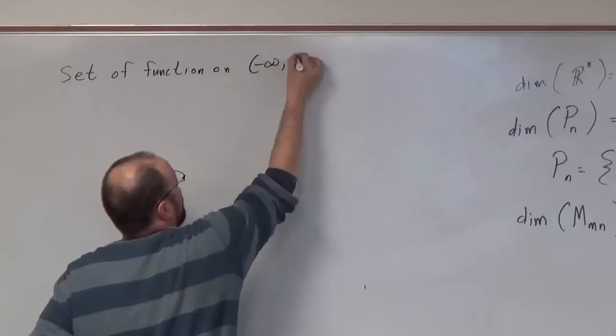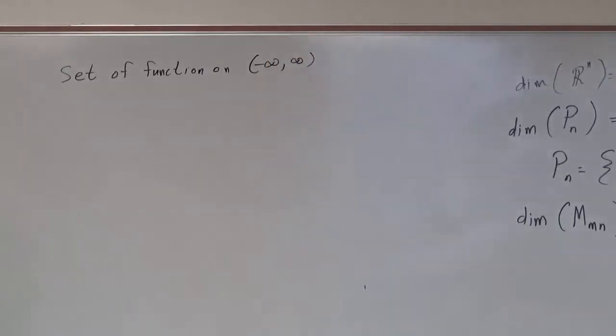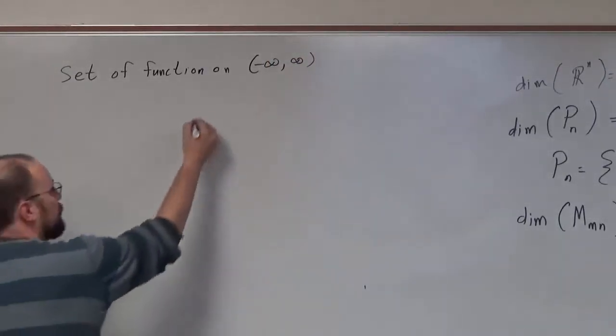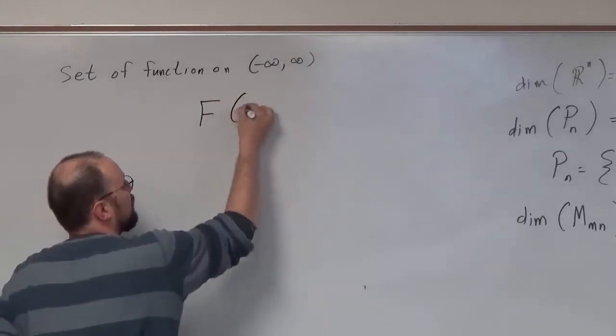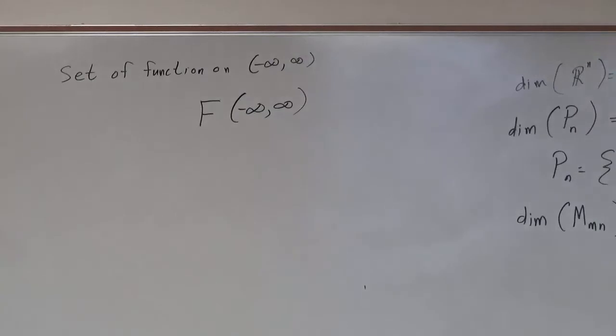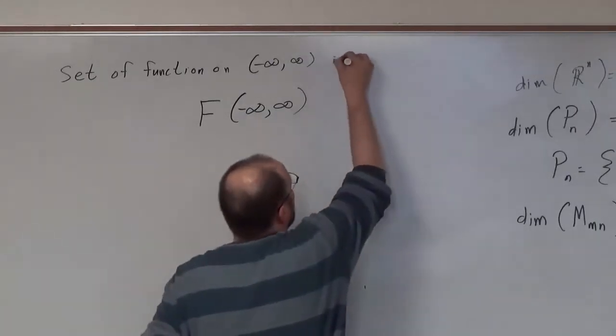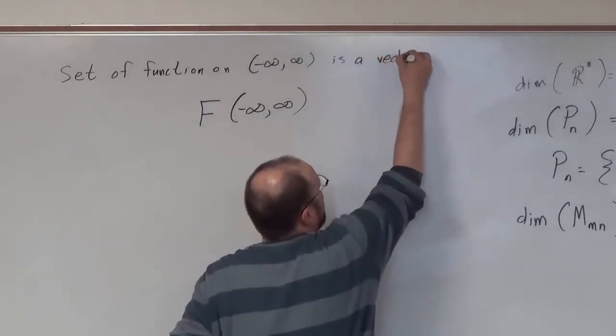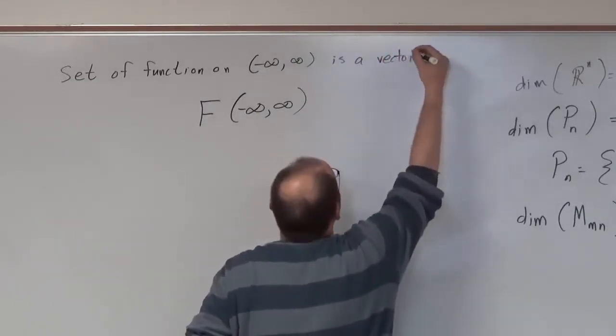Let's say on the real numbers. I think your book would denote this with F for functions, defined on the real numbers. That's a vector space. You can scale a function and still get a function.